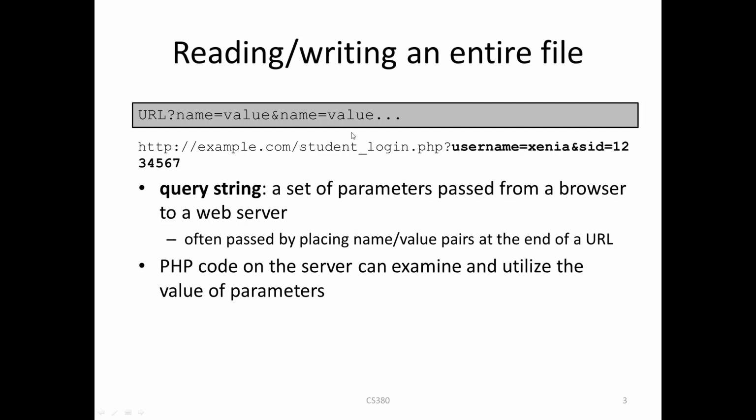In order to pass some parameterized data, we have to put a question mark and then write the data that we would like to pass to the server in this particular format. For example, I'd like to pass information like username or some SID to the server. I can write it like this into the address bar: the username equal to some value, then the ampersand, and then another parameter, and so forth.